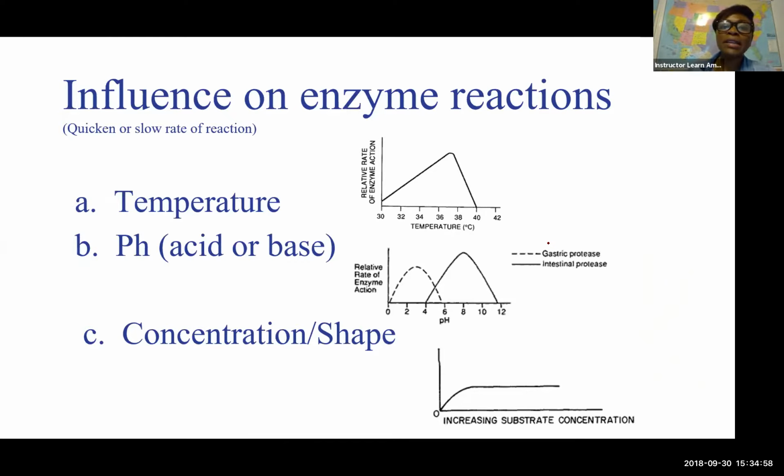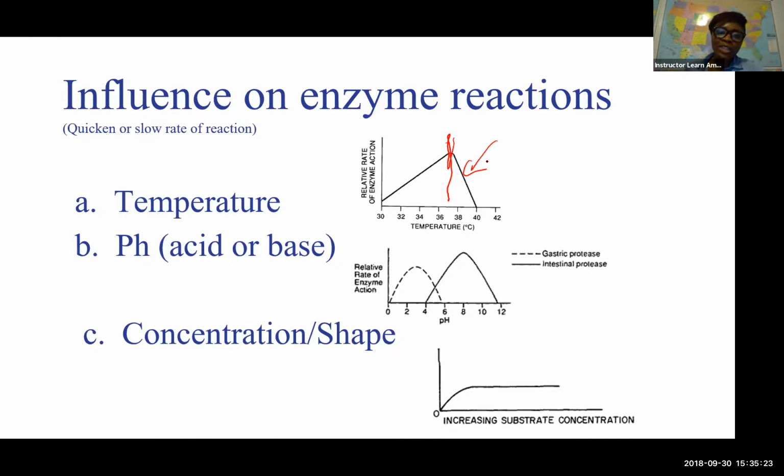Here are three things that will have an effect on the enzyme reaction. One is temperature. When an enzyme is active, it only works within a specific range of temperature. Once it passes the optimum temperature, the protein that makes up the enzyme itself denatures. It starts to break down.